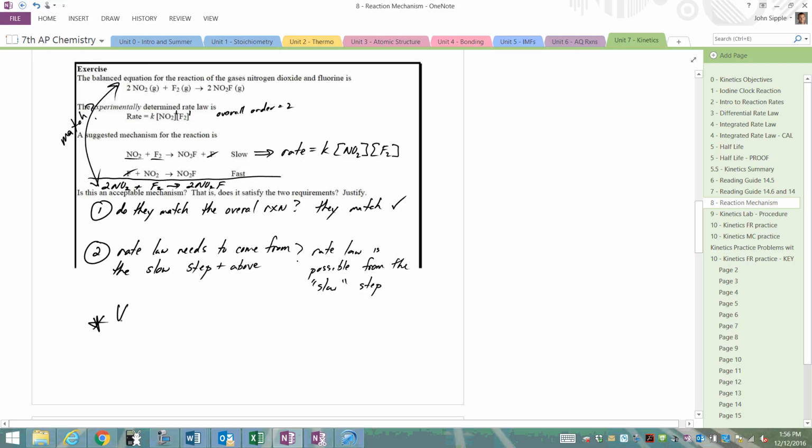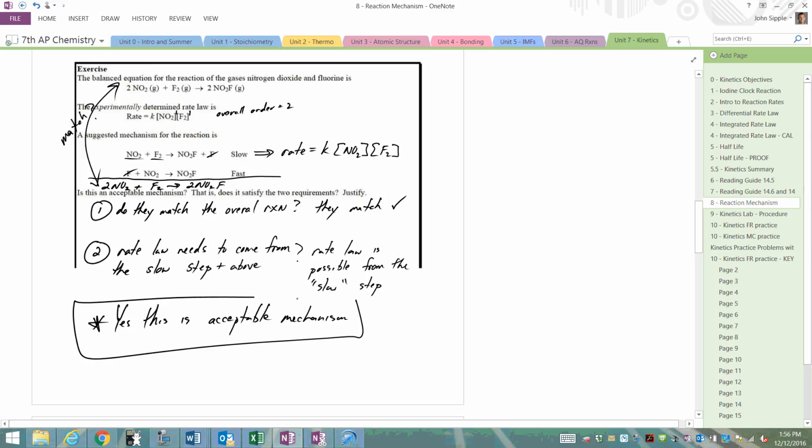Ultimately, yes, this is acceptable. Sure, this will work, but we don't know if that's the exact mechanism. You can always say this is proposed, it works, maybe this is it.